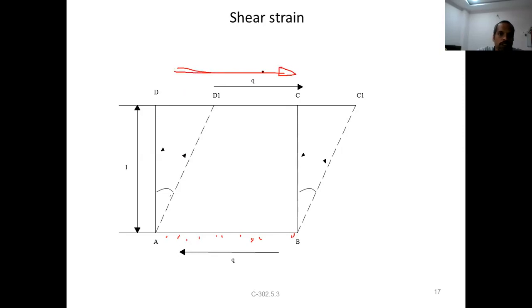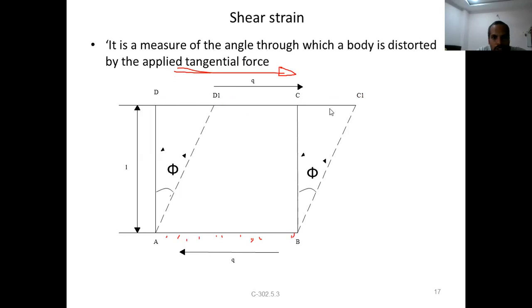It will try to change its shape, pulling the top face CD towards the side. Let us say it is deformed to a final position of C1 and D1. Initially its position is CD, finally it is C1 and D1.